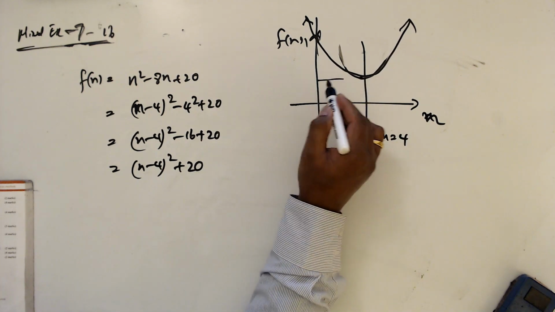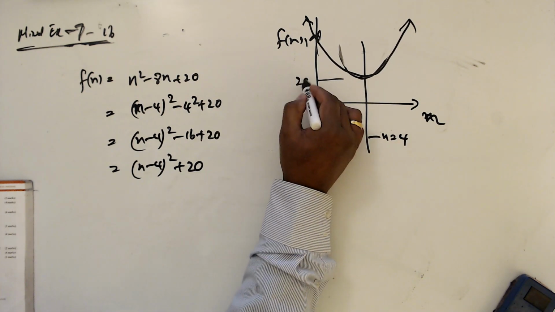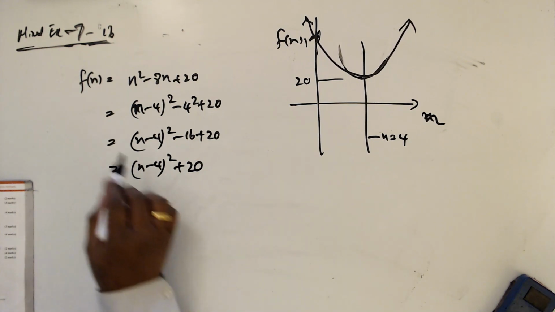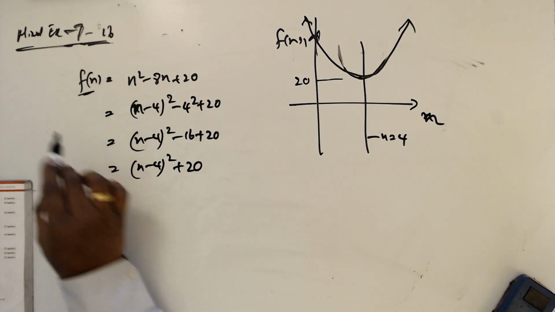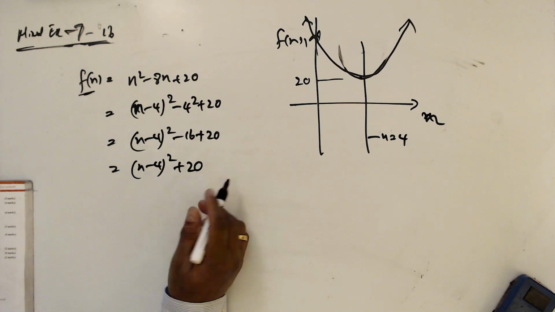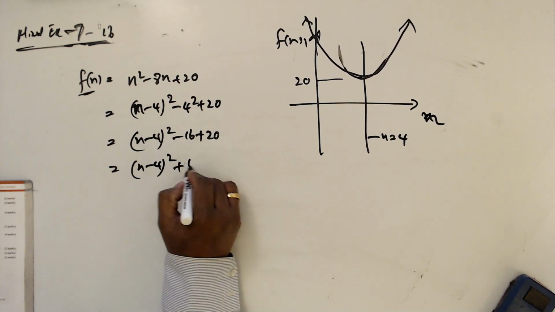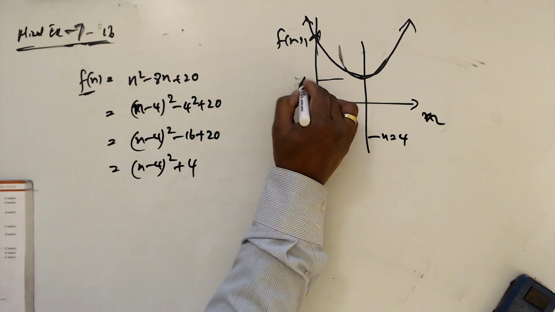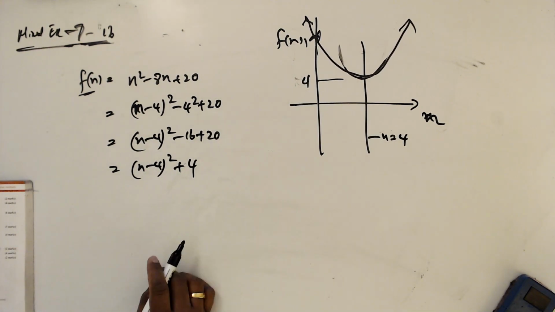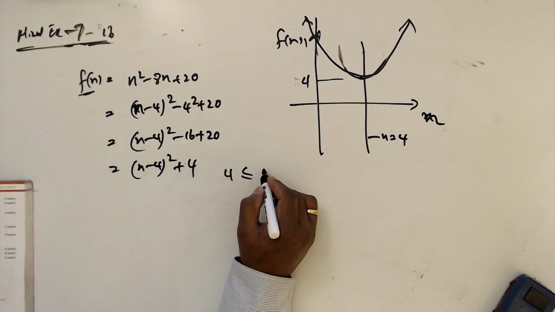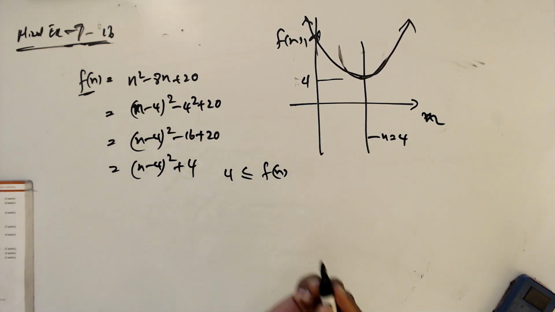So this value is 20. Now you can see that the minimum value of Fn is 20. Sorry, this is minus 16 plus 20, not 20. This is plus 4. So then this has to be plus 4. It means the Fn value has to be greater than or equal to 4.